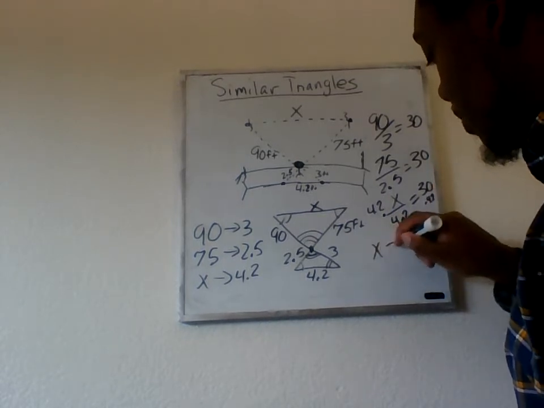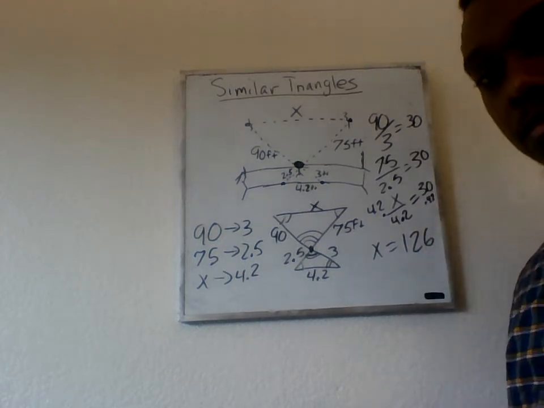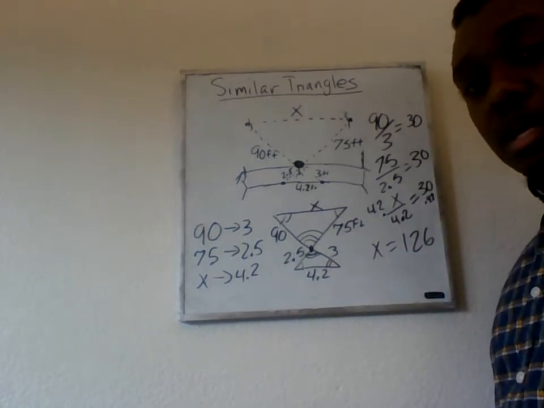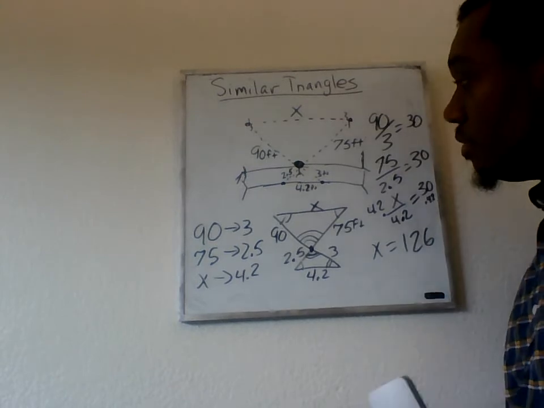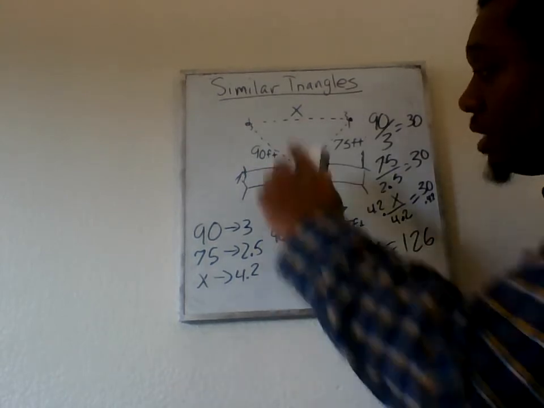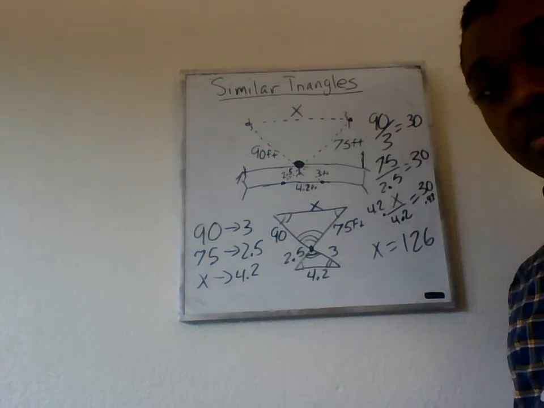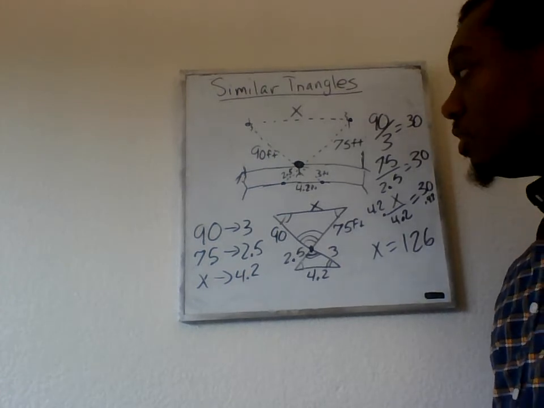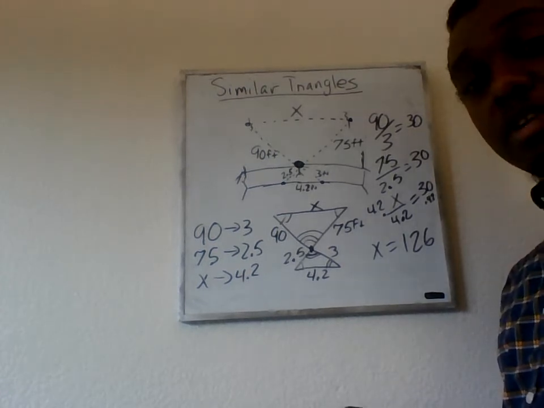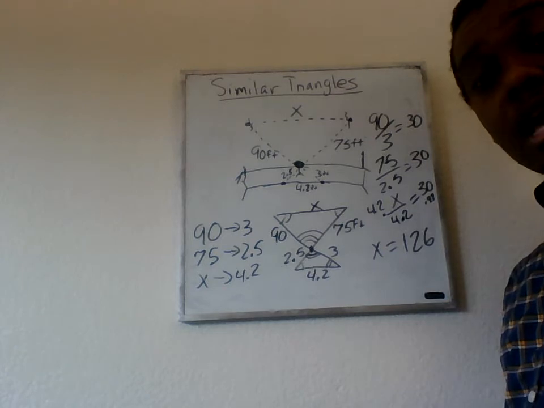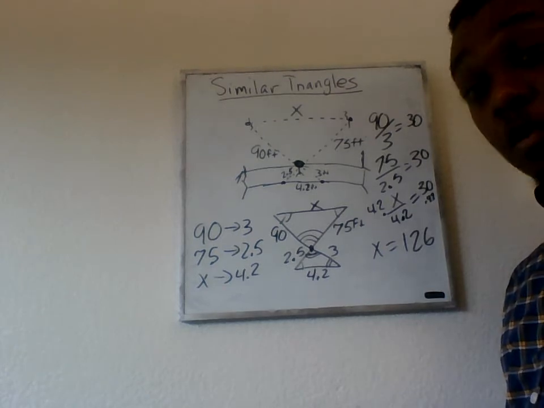And then we would see x would have to equal 126. Now, for the sake of the problem, I'm going to erase the top little display of our bridge and our canyon so that we can have a little more room. If you need to pause the video, go ahead and copy down your information.